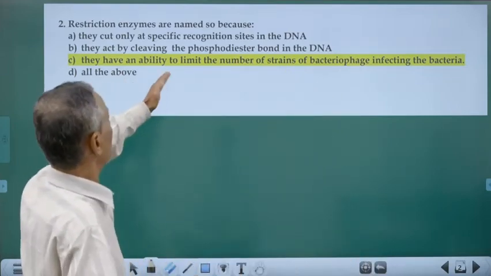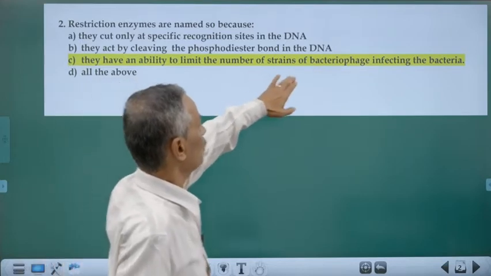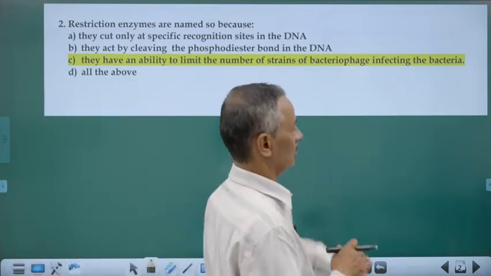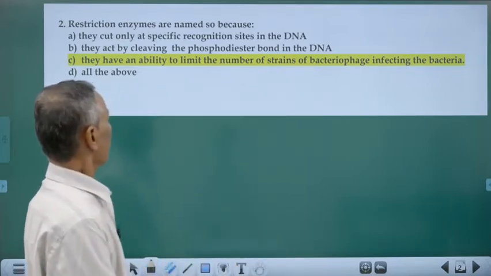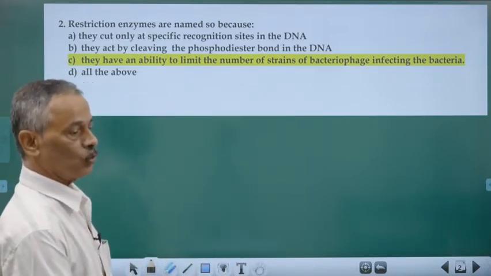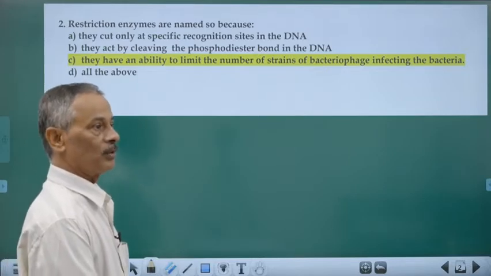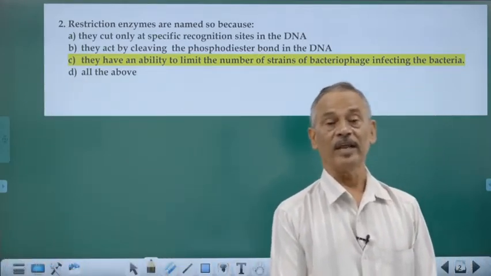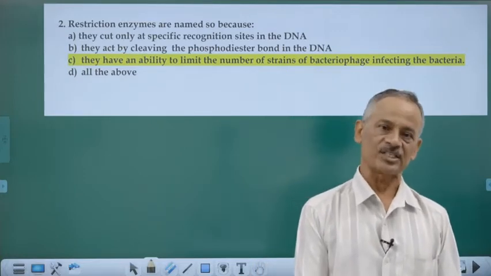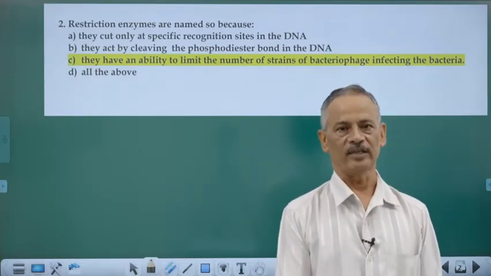So they have the ability to limit the number of strains of bacteriophages infecting the bacteria. Clear? That enzyme has an ability to restrict the growth, multiplication of the viral DNA within a bacterium. That is why they are called restriction endonuclease.